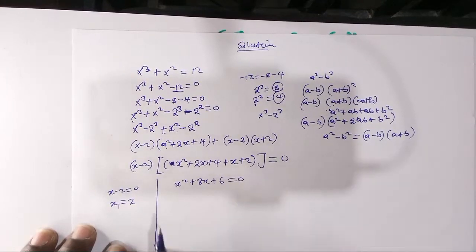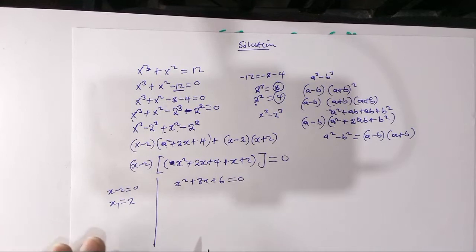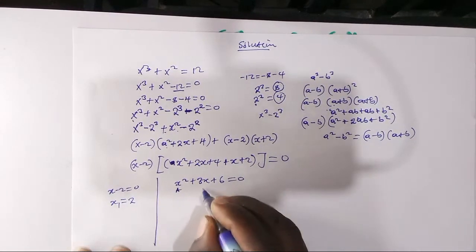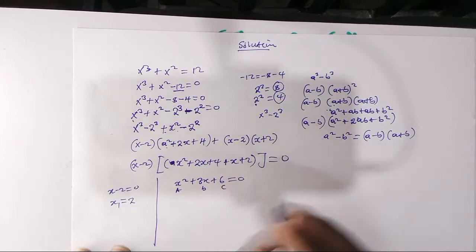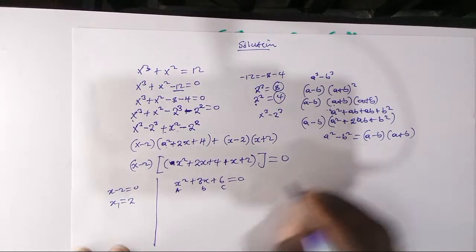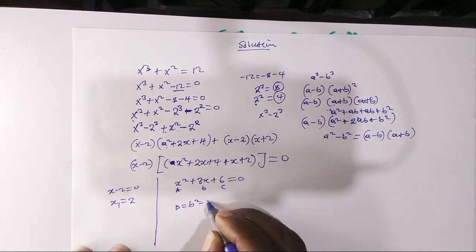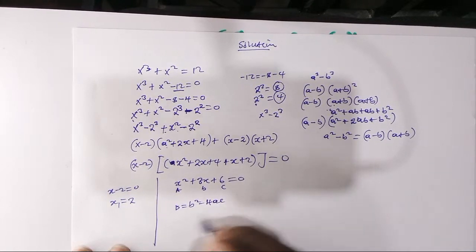And this is a quadratic equation, and we're going to solve it using the discriminant rule. So we're going to say this is our a, b, c. The discriminant is d equals b squared minus 4ac, right?